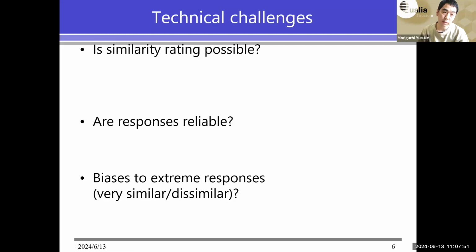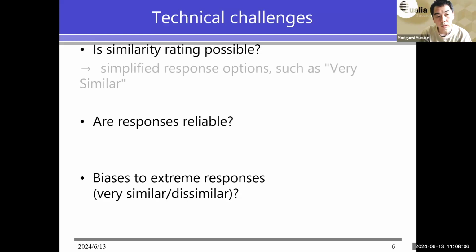But this experiment is for young children, so we had some technical challenges, and there are 3 points here. One is whether similarity rating is possible for young children. For this point, we simplified the response options, such as very similar or very dissimilar, instead of a 4-point scale like 1, 2, 3, 4. The second point is whether children's responses are reliable.